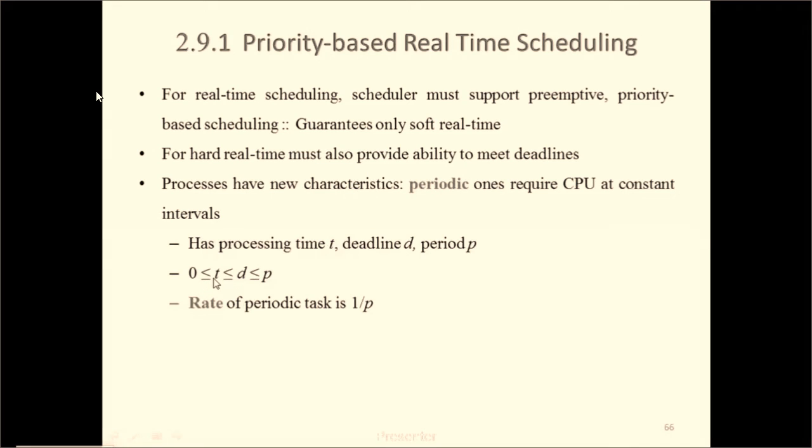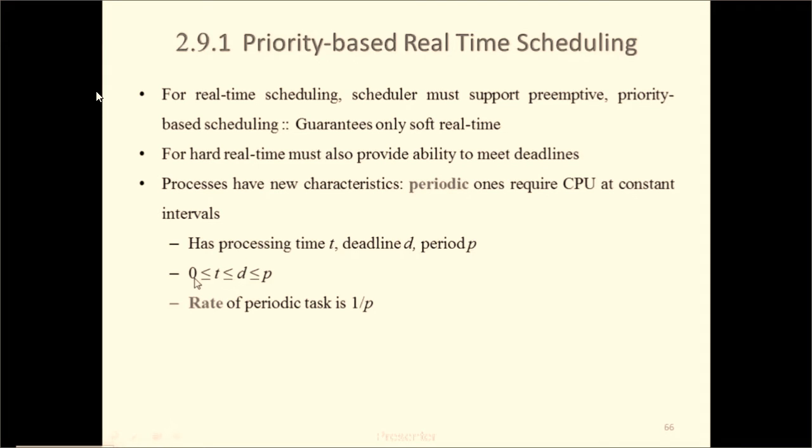0 less than T, less than or equal to D, less than or equal to P. 100, 30, 2, and obviously 2 is greater than 0. If T equals 0, it really doesn't have any meaning, because T equal to 0 indicates that the process never requires CPU time.